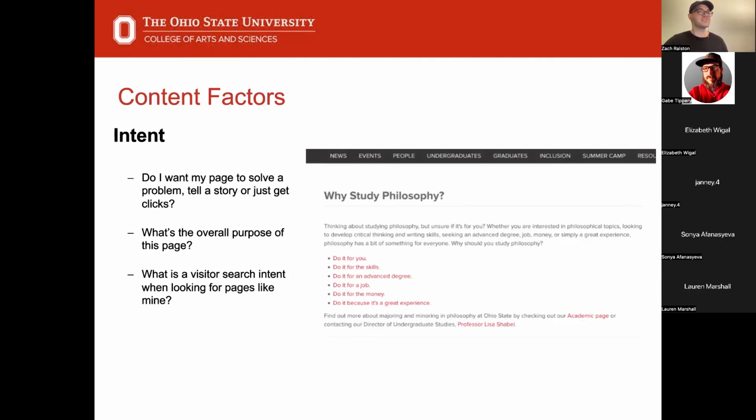If it's really long, it's just a bunch of clickbaity keywords, it has no value or relevance to a search term. Keeping in mind, what's the overall purpose of the page that you're producing? And what is the visitor looking for when they are checking out a page like this one?